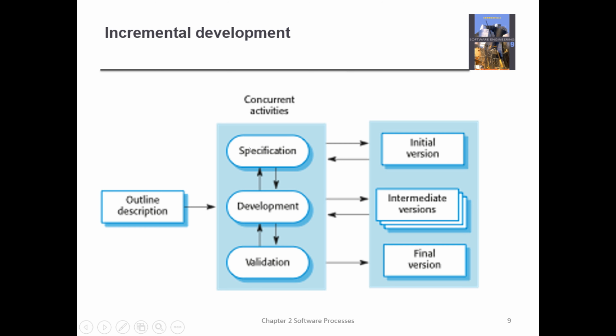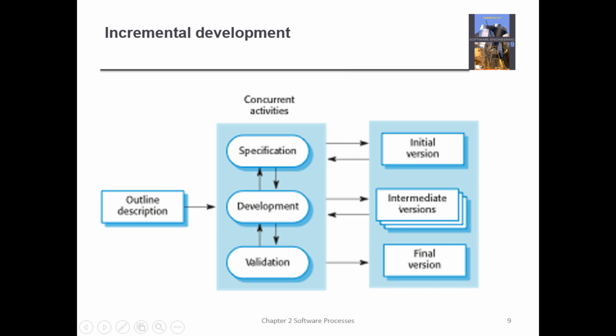And after that, on this phase of specification, it is the initial version of the software, and you can release the version, and you can also go back after releasing it and specify. Still, after the initial version, you can develop intermediate versions or other versions that come in.